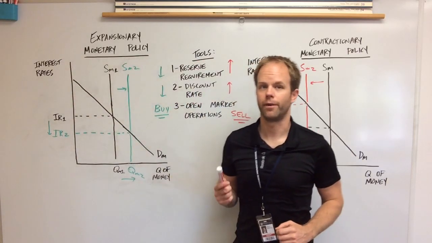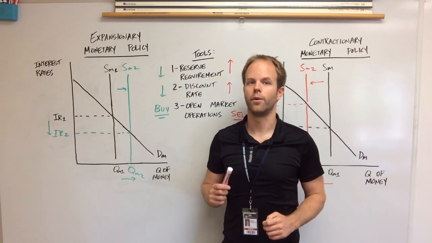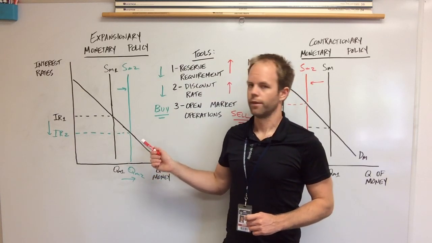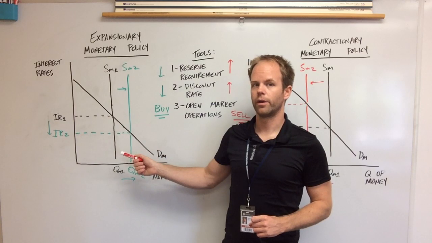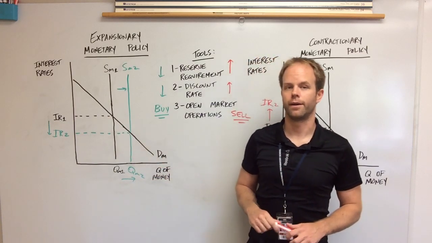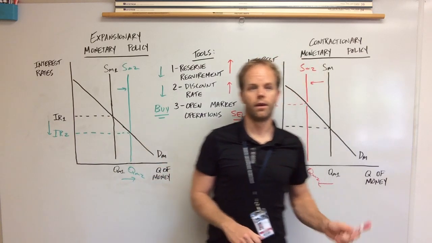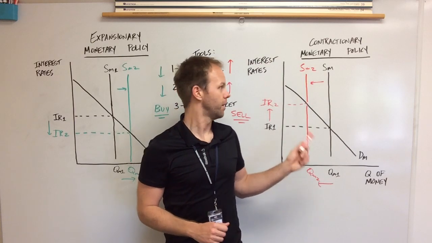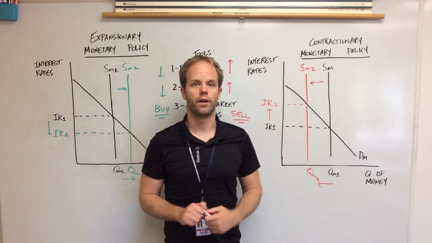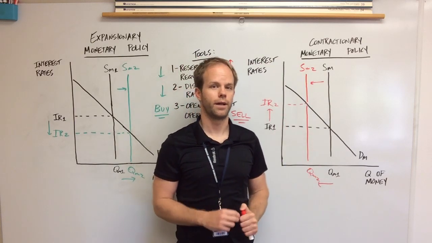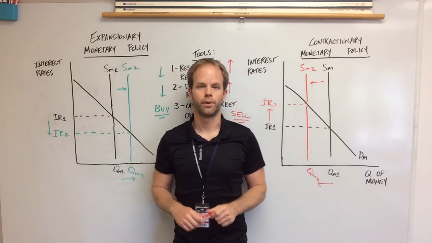So what I want you to think about now before we finish up with this video is what would be the consequences of lowering interest rates on an aggregate demand and aggregate supply diagram, and then what would be the consequences of increasing interest rates on an aggregate demand and aggregate supply diagram. That answer should be pretty clear.